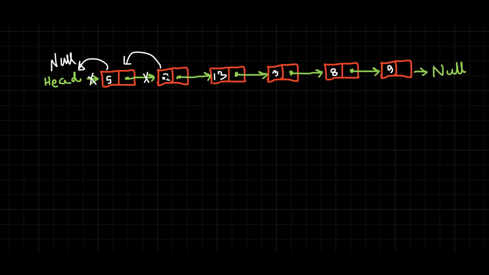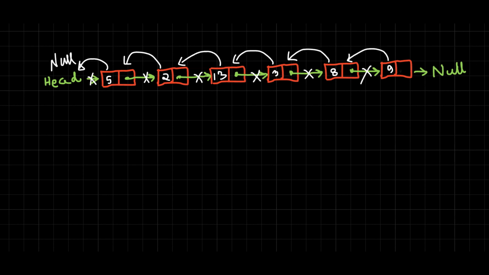The link between 2 and 13 will be broken, and 13 will be connected to 2. The link between 13 and 3 will be discarded, and 3 will be connected with 13. And the link between 3 and 8 will be discarded, and 8 will be connected to 3. And the link between 8 and 9 will be discarded, and 9 will be connected to 8.